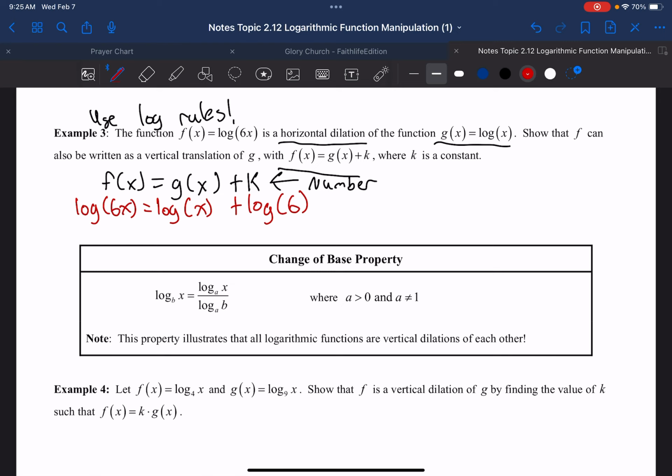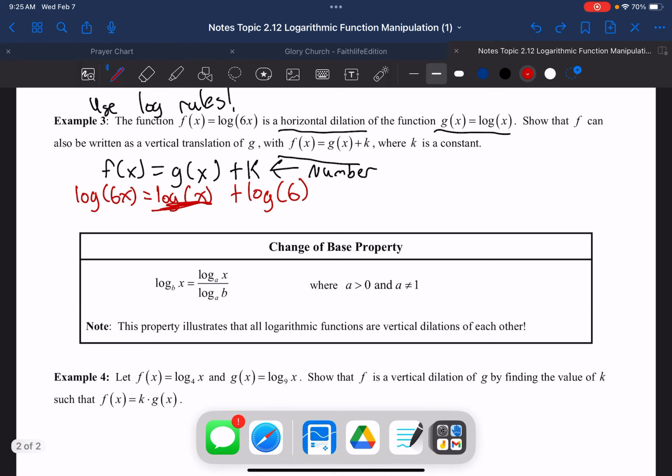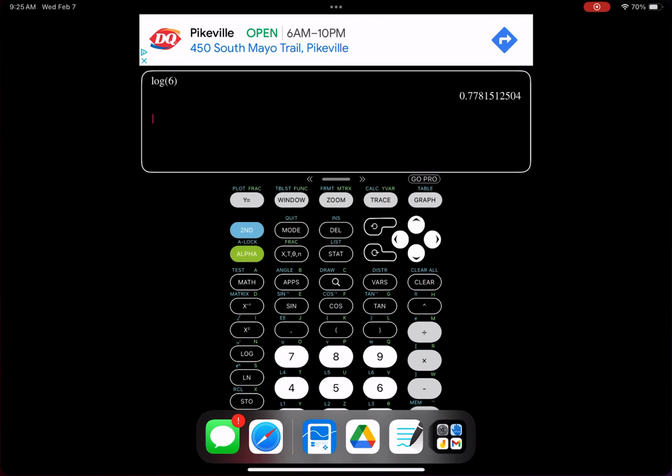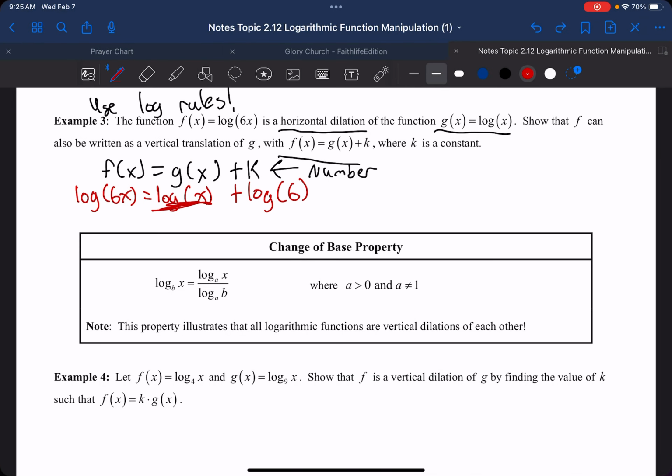And now when I look at this, log of x, that's a function. And you might think that kind of looks like a function, but the thing is, this is just going to output a number. So if I go to my calculator and I type in log of 6, that's just 0.78 approximately. So what we've done here, you wouldn't show this step, but you could rewrite this to make it make sense to yourself.